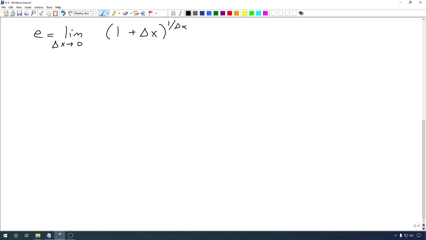Okay, so how does this help us? Well, remember that this is the limit as delta x goes to 0. That means if delta x is close to 0, then e is going to be approximately, not equal, but approximately this function.